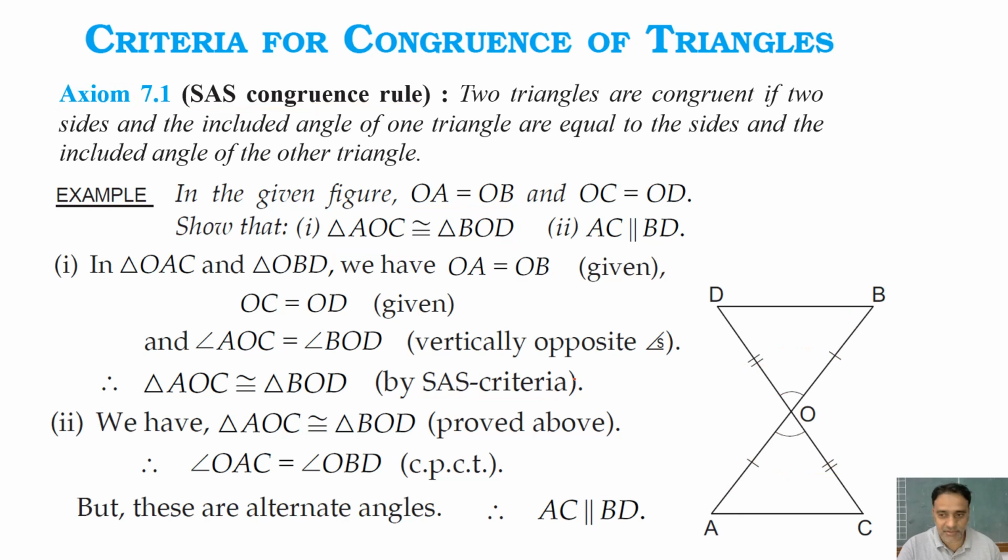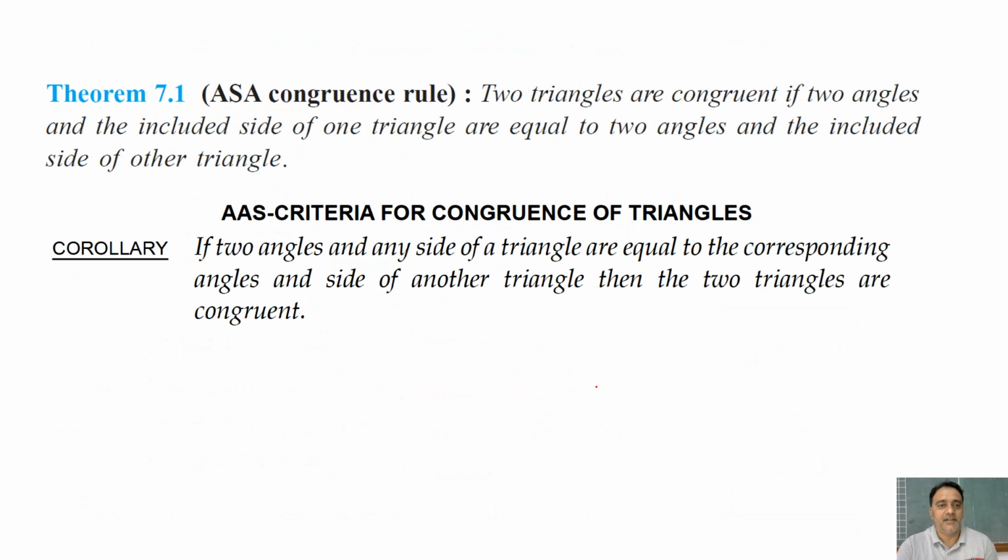Any doubt in this question? No, sir. Okay. So now the next theorem, 7.1, the proof of this theorem has been deleted. So we only have to read the statement and understand it. ASA congruence rule. Two triangles are congruent if two angles and the included side of one triangle are equal to the two angles and the included side of the other triangle.